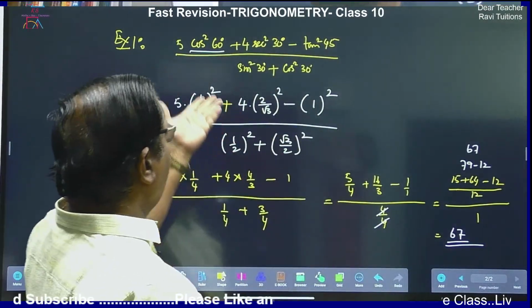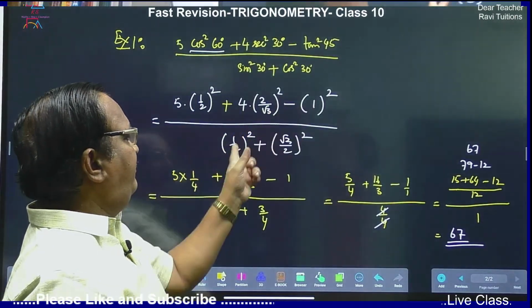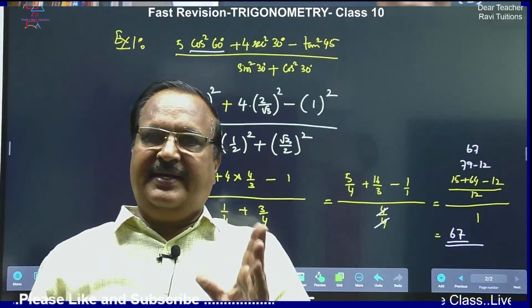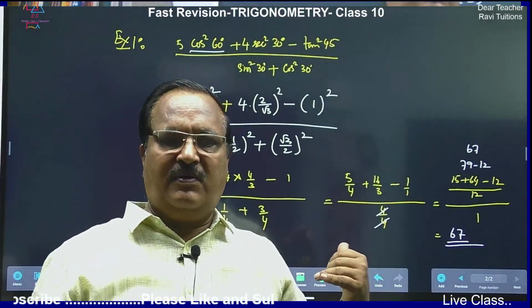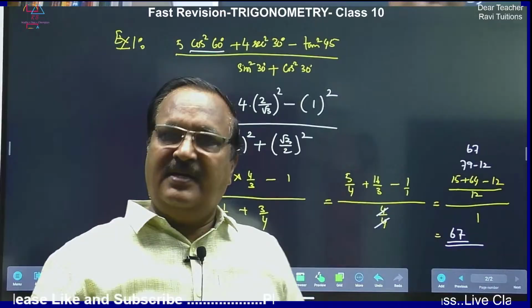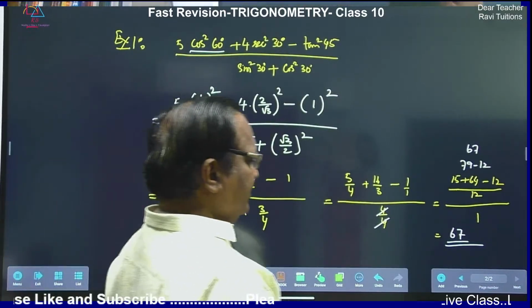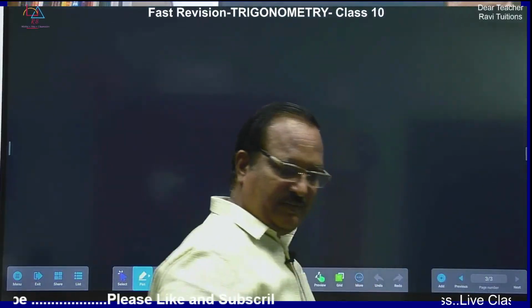See how many values we have used: 1, 2, 3, 4, 5. Even if one value you are getting wrong, the whole problem is wrong. So work on trigonometry angles. So this is one question from RD Sharma.